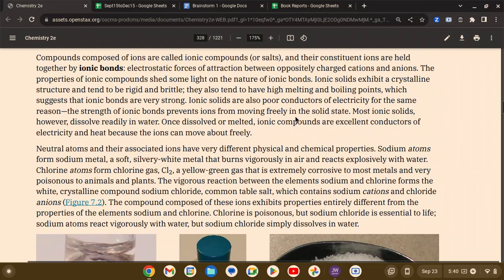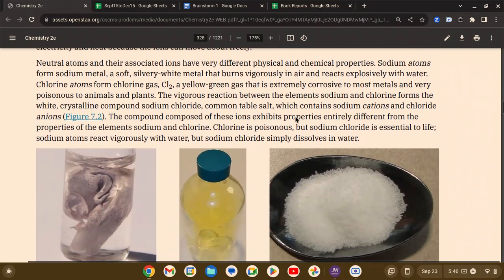Neutral atoms and their associated ions have very different physical and chemical properties. Sodium atoms form sodium metal, a soft, silvery white metal that burns vigorously in air and reacts explosively with water. Chlorine atoms form chlorine gas, Cl2, a yellow-green gas that is extremely corrosive to most metals and very poisonous to animals and plants.